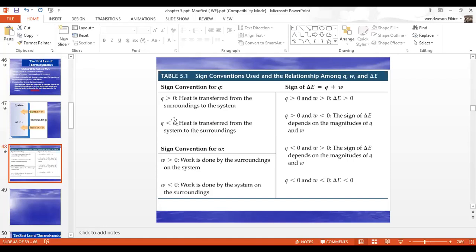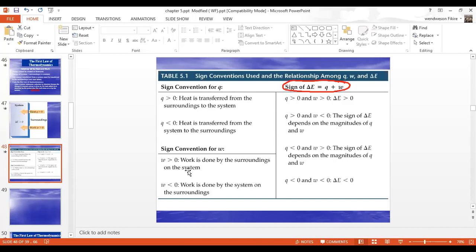Q refers to heat. So the internal energy of the system, delta E, is Q plus W. When is Q less than 0? That means heat is transferred from the system to the surroundings. The system is losing heat, the surroundings are gaining.